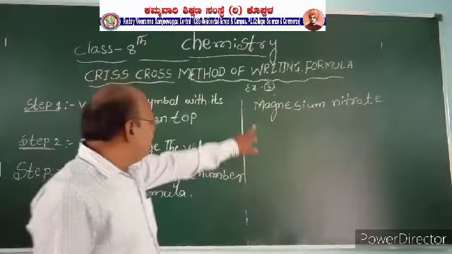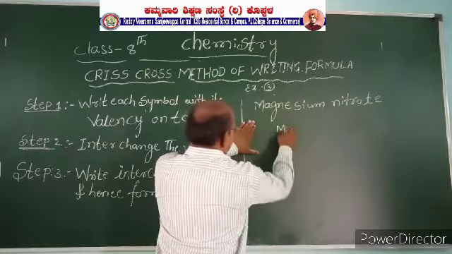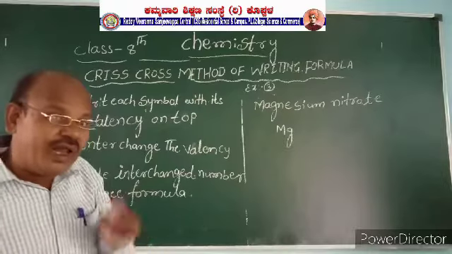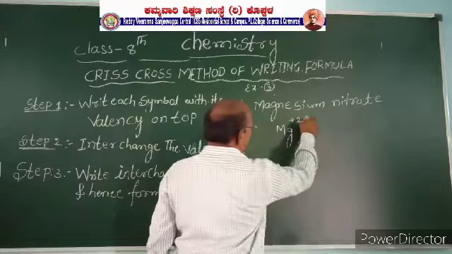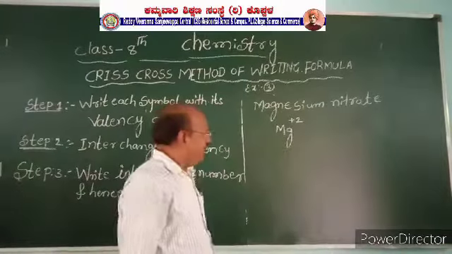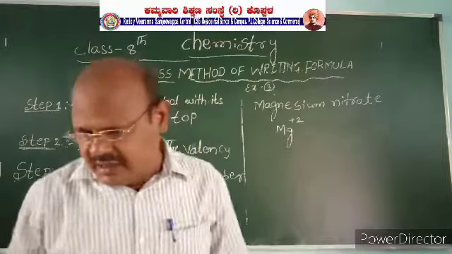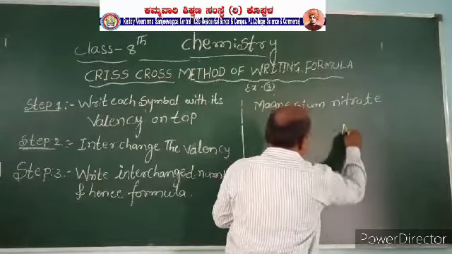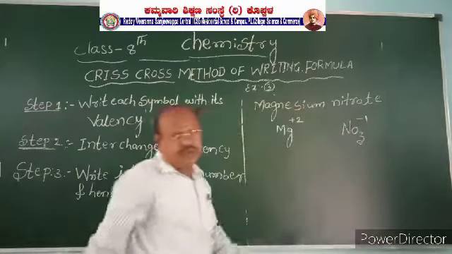In that chart, first you see the symbol of magnesium. You write Mg. What is the valency of magnesium? Plus 2. This is the positive radical, bivalency. And nitrate is NO3, valency minus 1.